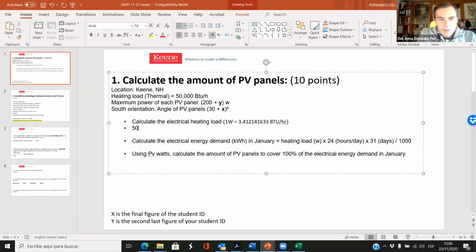So we have 50,000 BTU per hour, and now we have to divide this by 3.4121 watts per BTU per hour.